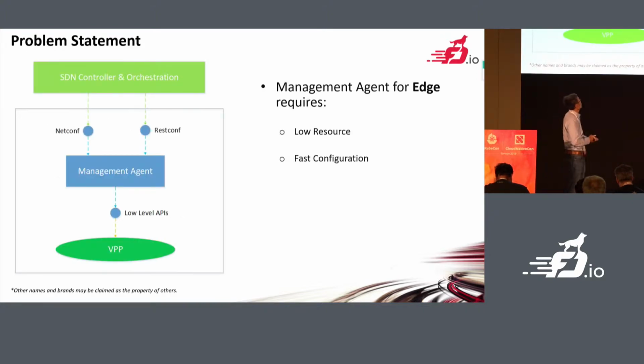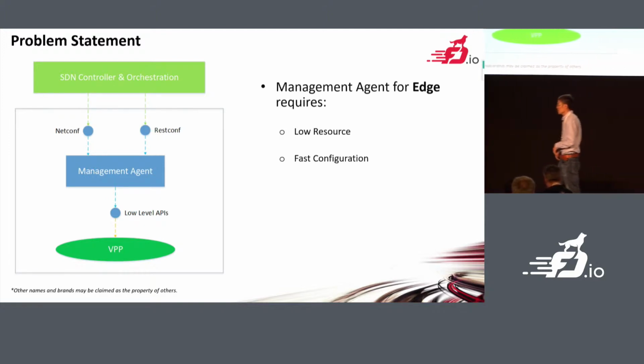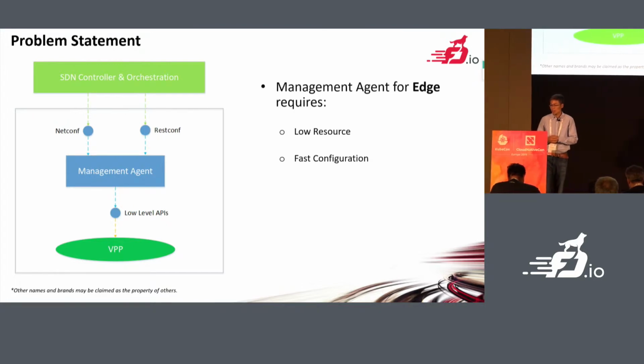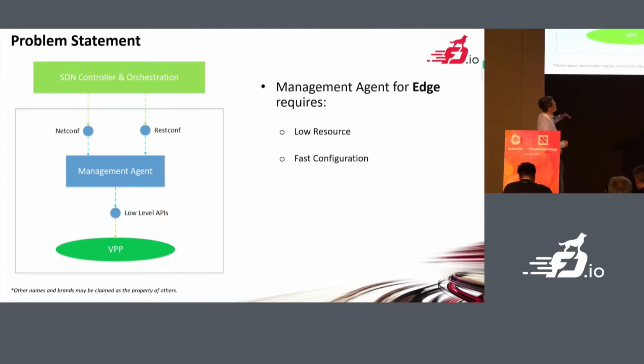Okay, first of all, why do we need to create this project? On the left side, this is the traditional development for products for VPP. From the top to the bottom, on the top side, we have the orchestration layer and SDN controller.